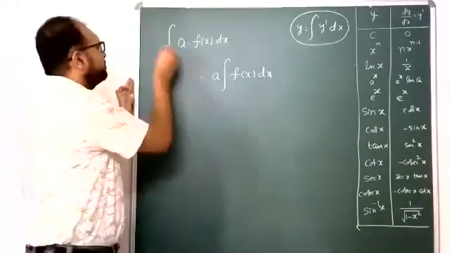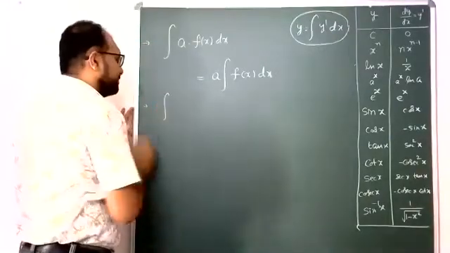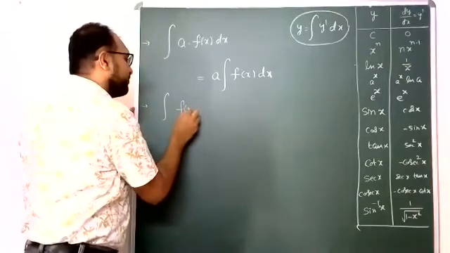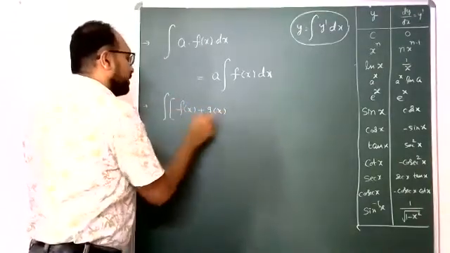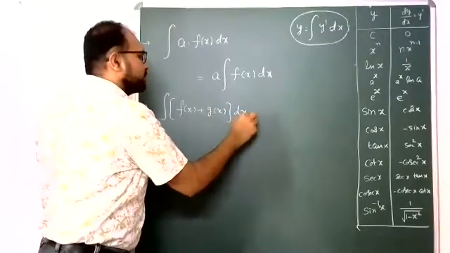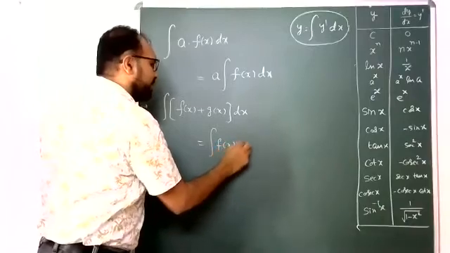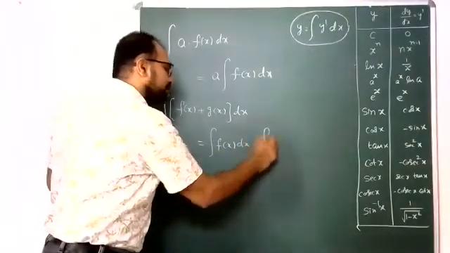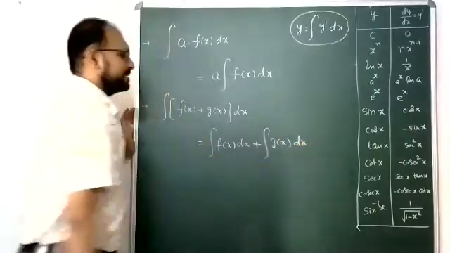Now the second rule, same like differentiation, here also. The integral of f of x plus g of x with respect to x equals the integral of f of x dx plus the integral of g of x dx.